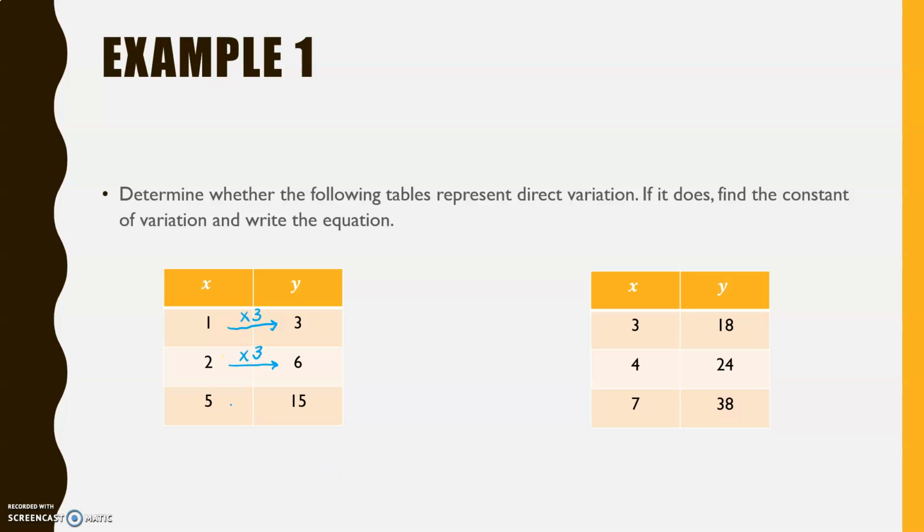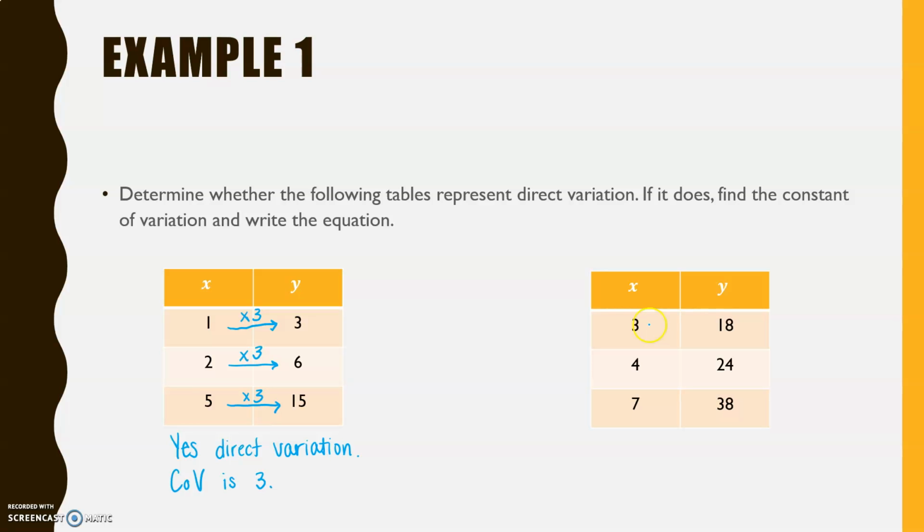So I'm going to say, oh, look, I can multiply each of these by 3. So I can say, yes, this is a direct variation because the constant of variation, or the COV, is 3. I'm multiplying each of the x values by 3 to get the y value.